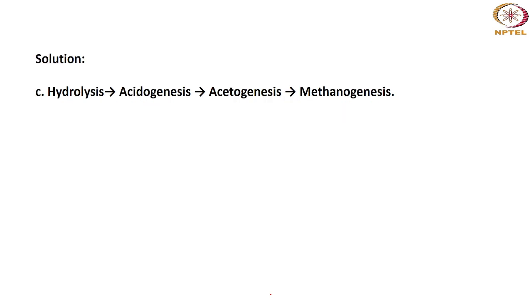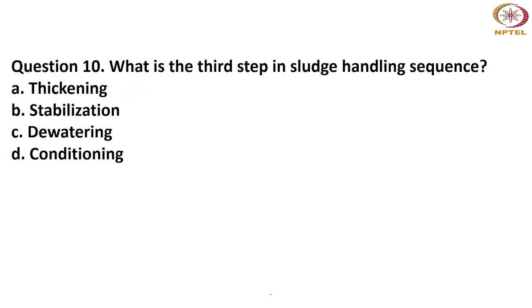So first hydrolysis will be there. Then the acid producing bacteria will form the acids. Then acidogenesis, where we can get the alcohols, and after that, the acids and alcohols will be utilized in the methanogenesis process, and it will form the methane gas.